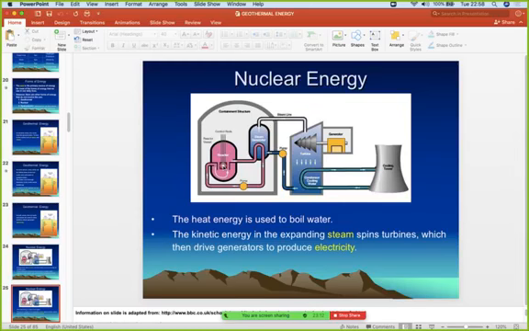Very high heating value is produced because of these nuclear cells, and the kinetic energy in the expanding steam rotates the turbine, which drives the generators to produce electricity. So during this pandemic, the administration is trying to prove whether the nuclear plant in Bataan would still be useful.